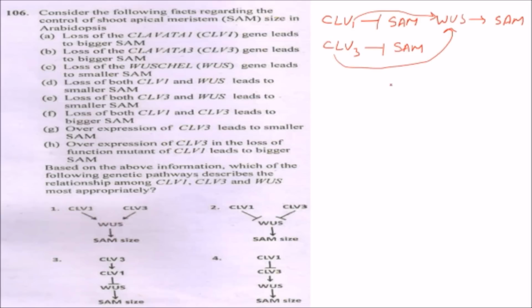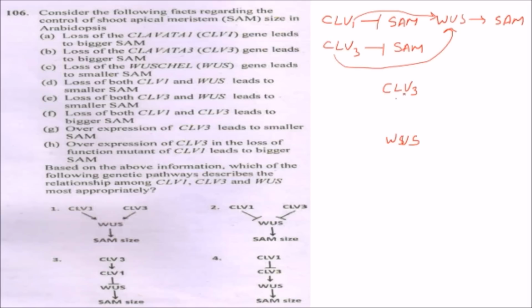It means when CLV3 is overproduced, it negatively regulates the WUS, because of which the bigger size is not there. Rather, it decreases the size of SAM and leads to a smaller SAM size. Next is overproduction of CLV3 in the loss of function mutant of CLV1 leads to a bigger SAM.